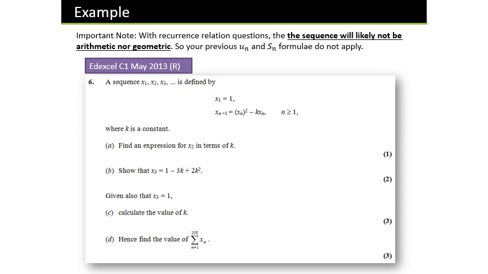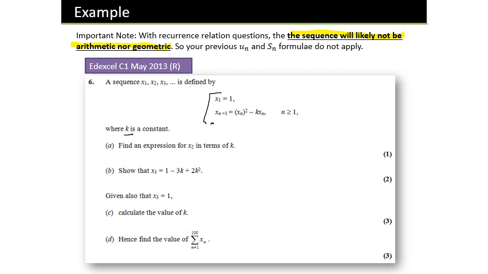Okay, so with recurrence relation questions, the sequence that you generate is nearly always not arithmetic or geometric. And that means that the previous formulas you've learned aren't going to apply. And we'll look here in this question at why that ends up being relevant. So to start with, k is a constant. This is our recurrence relation here.